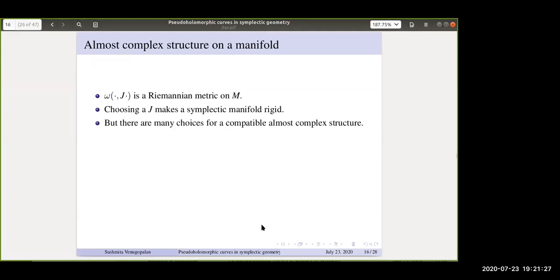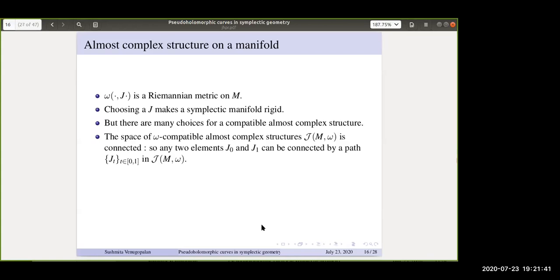But wait, there are many choices for a compatible almost complex structure. There's no one unique God-given one. So there are many ways of making the symplectic manifold rigid. But then the space of omega compatible almost complex structures is connected.